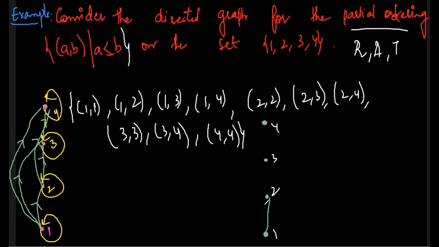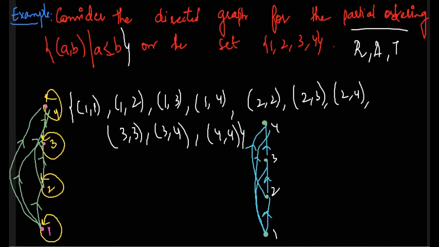We have 1 to 2, 2 to 3, 3 to 4. Also, we have 1 to 3 and 1 to 4, and finally 2 to 4. Let's give the directions. All are in the upward direction. Next, we can remove the transitive relations and we can also remove the directions.